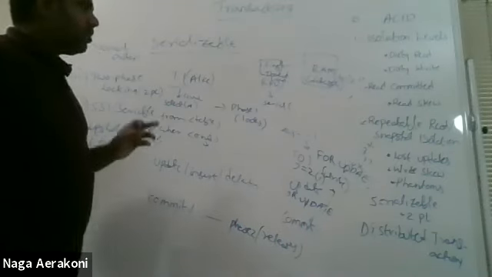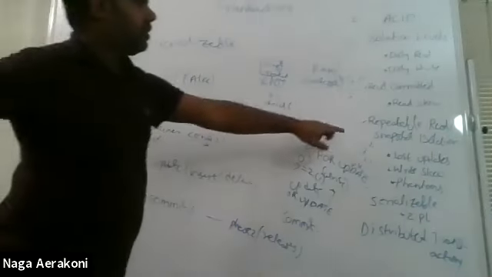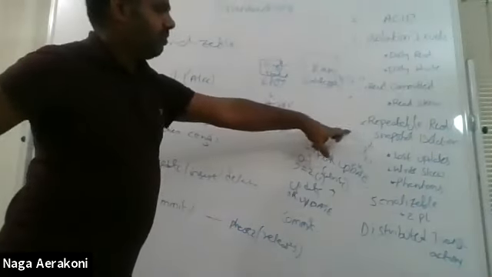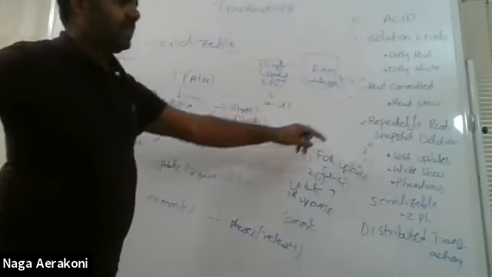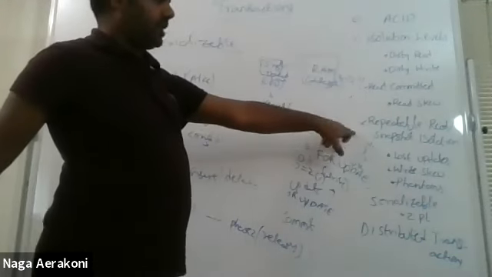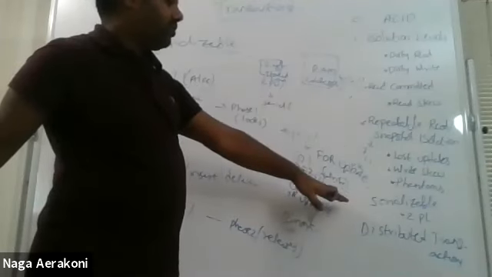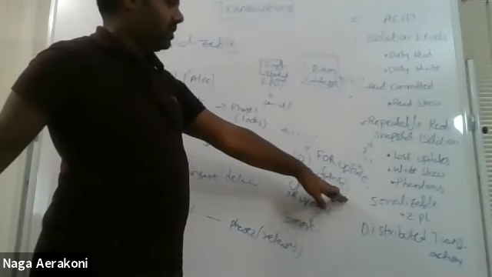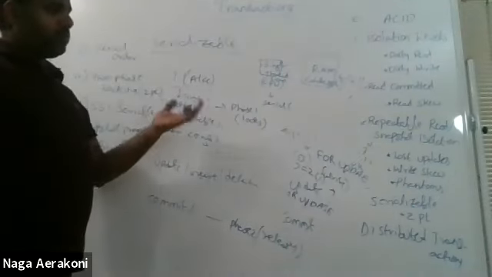In snapshot isolation or repeatable read, there is a mantra: readers never block writers, and writers never block readers, up to this isolation level. But when you come to serializable, reads also block other writes, and writes also block other reads.